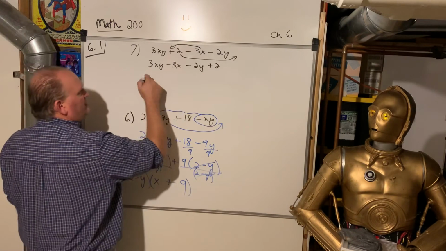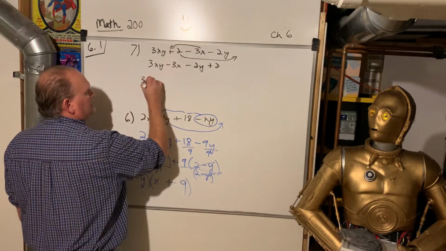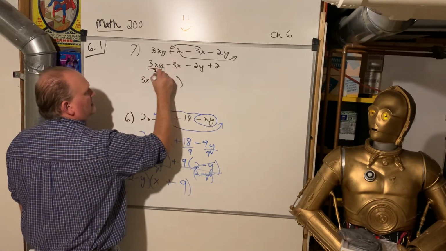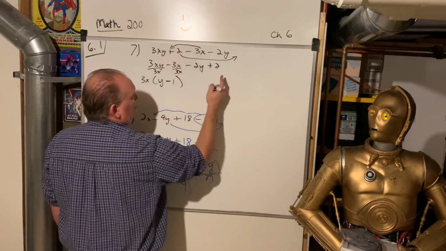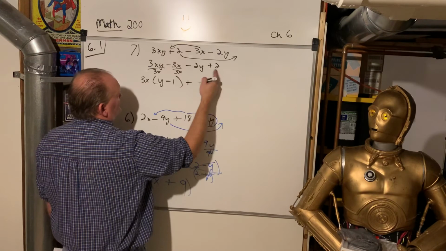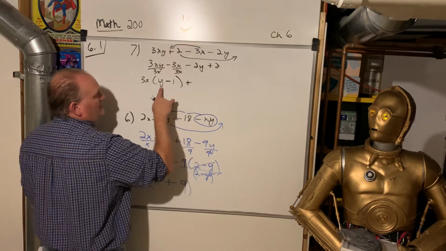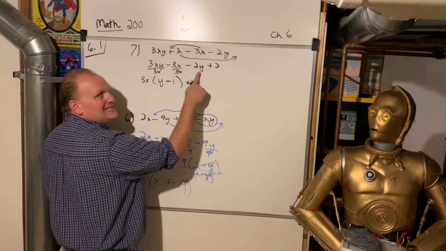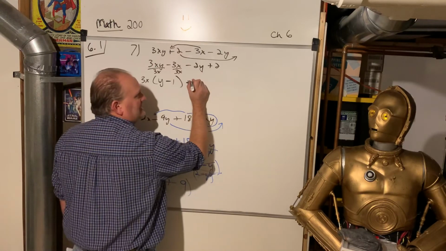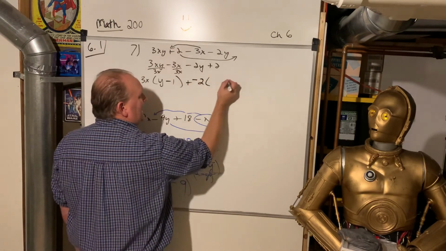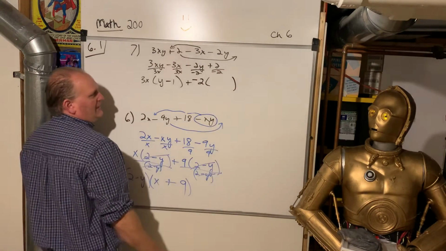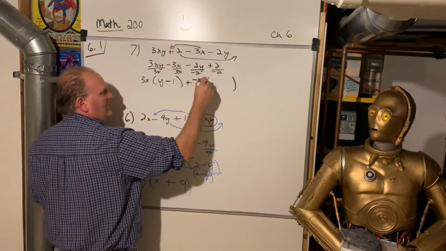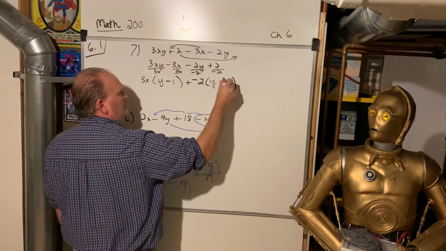Okay, so I can factor out a 3x. And you get y minus 1. Factor out, oh, that's tough, right? Because I need the y to be positive, but right now it's negative. So I'm going to factor out a negative 2, the opposite of the greatest common factor. And I did that so that this would be positive y and minus 1.